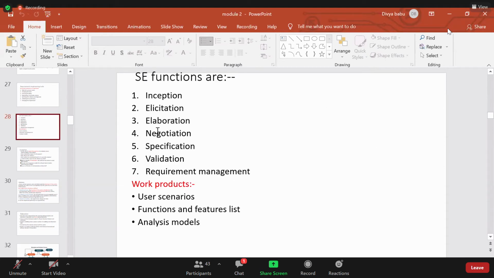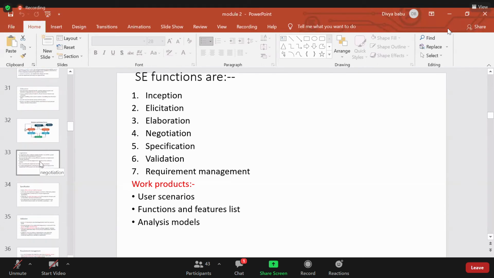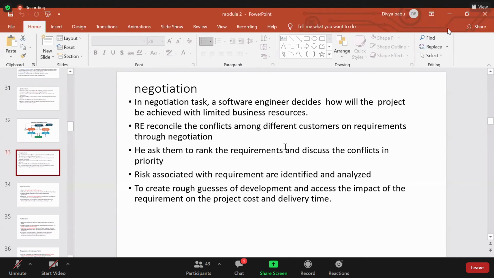So that is the elaboration process. Next is negotiation. Negotiate means you are negotiating with the customer.